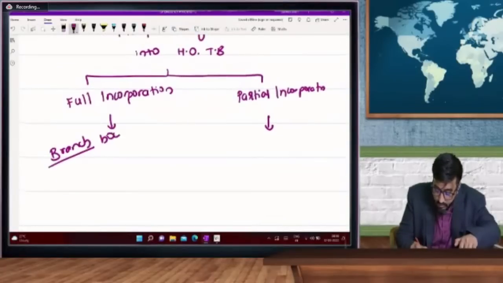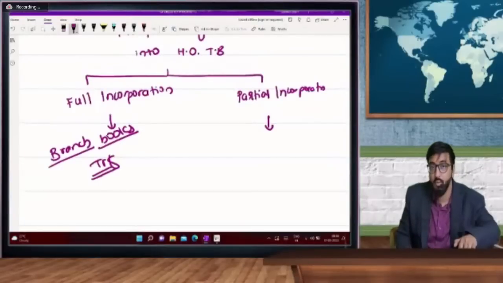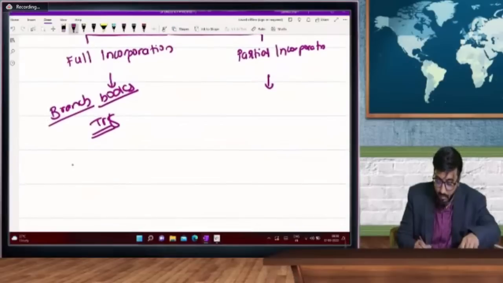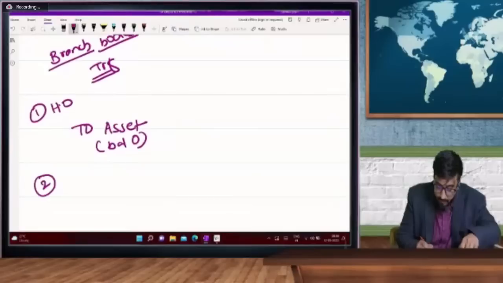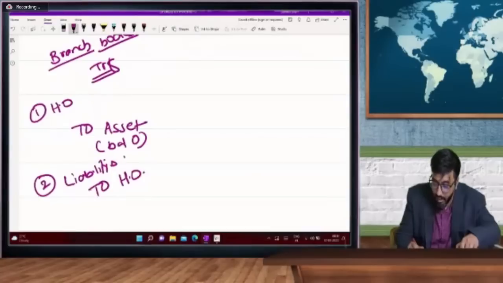Whatever is transferred, for example 2 assets: HO account debit, to assets. So asset balance is 0 in branch books. Second entry, liabilities to head office. So liabilities balance is 0.